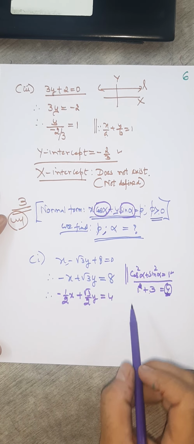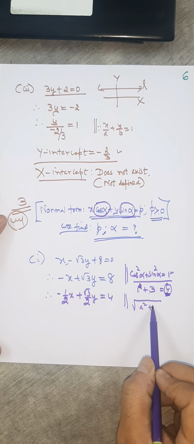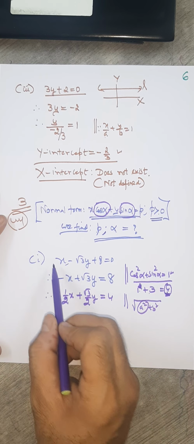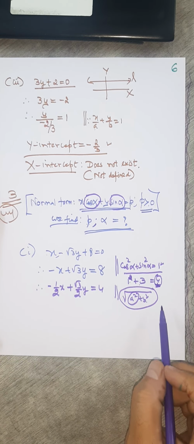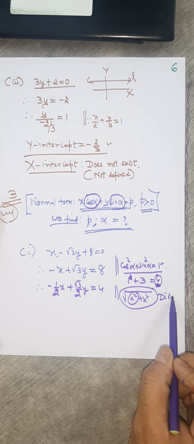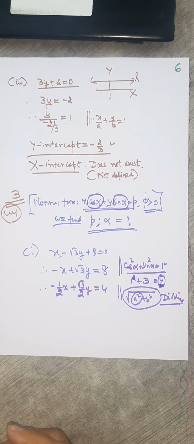Got it? Have you realized? In short, you are dividing by the square root of a squared plus b squared. What is a? The coefficient of x. What is b? The coefficient of y. If you just want the general thing, you divide by this. But it should be very clear in your mind why you are dividing by this.